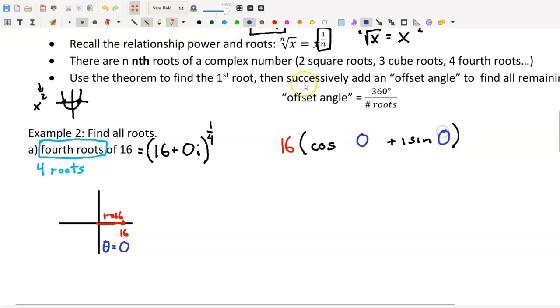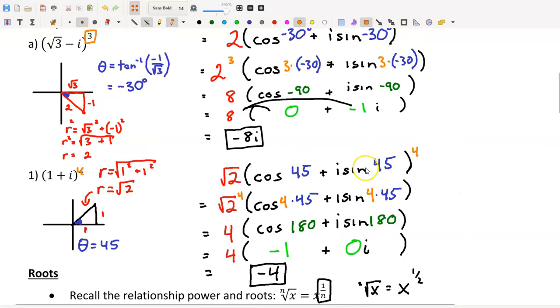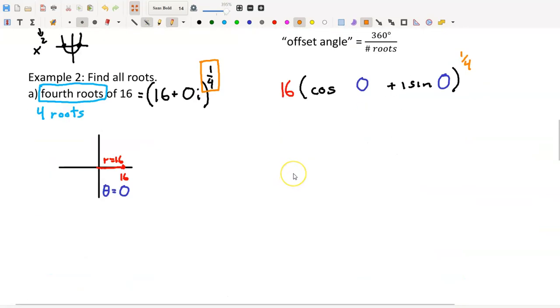For both of these. And this time our exponent is a fraction. So from here, just do the same thing we just did up here. Nothing changes except that you're multiplying by a fraction, rather than an integer.